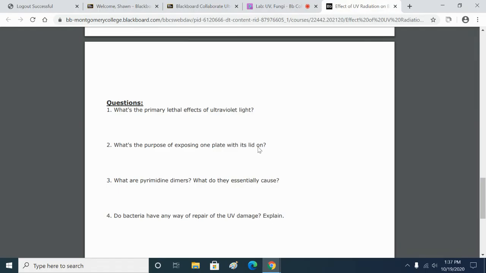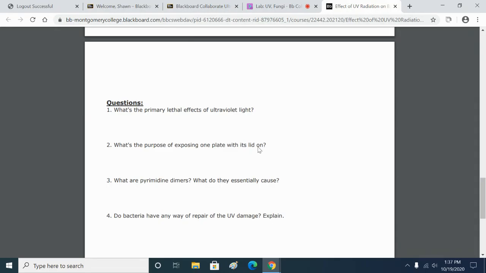Well, mutations because it's causing what kind of specific damage? What kind of specific DNA damage? The dimer. Right, thymine dimers. And that can lead to mutations or death.